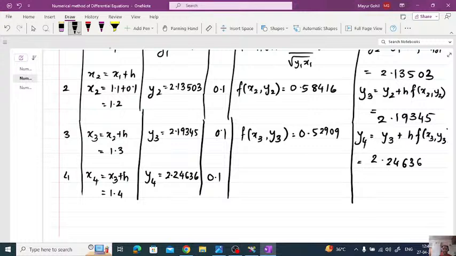So here you get your f of x4, y4 is 0.4772, right? 7725 you can take, 256 it is, then here it will become 6. It's okay.